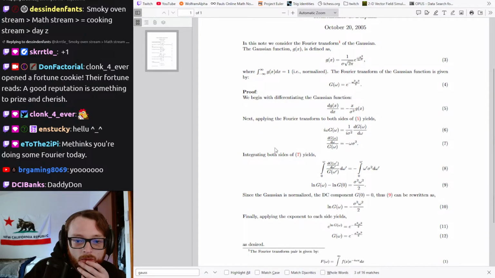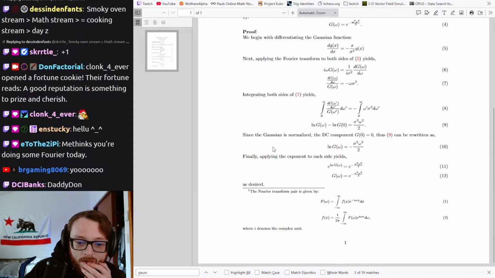Begin with. This is such a weird idea. This is the same definition of Fourier transform as mine, though.